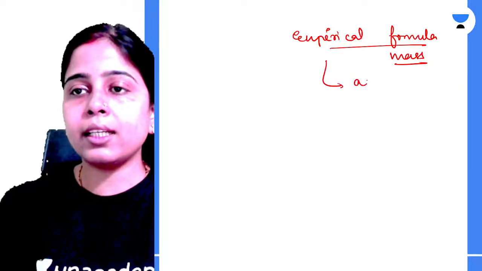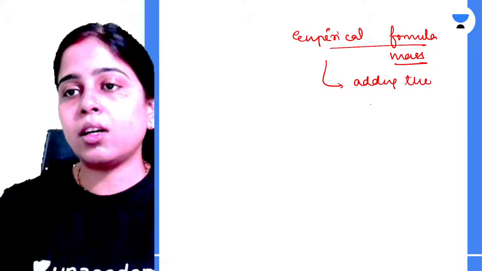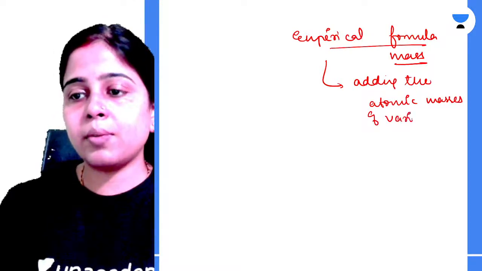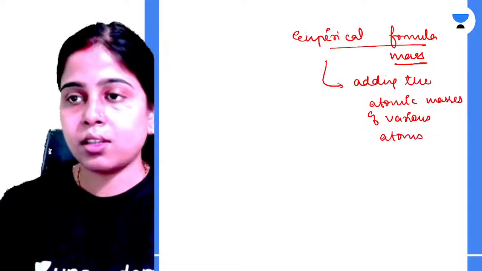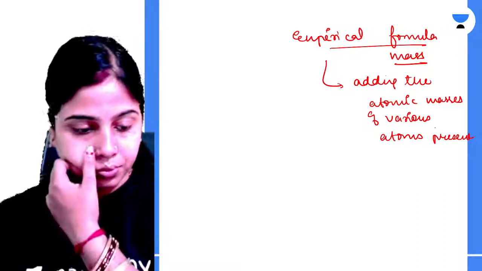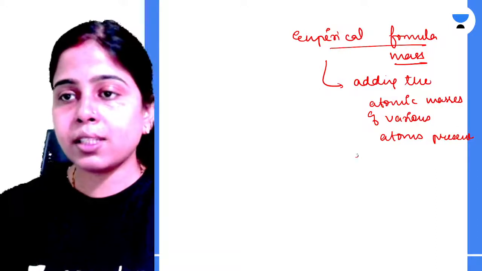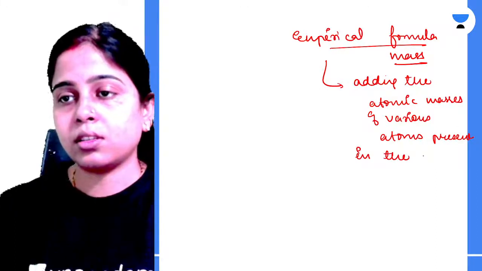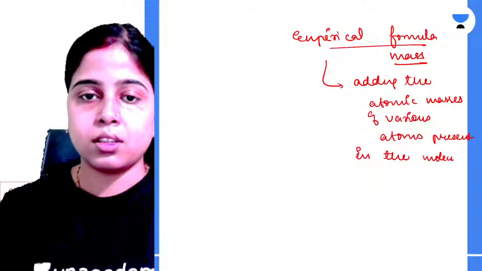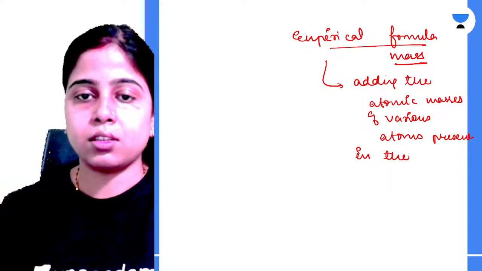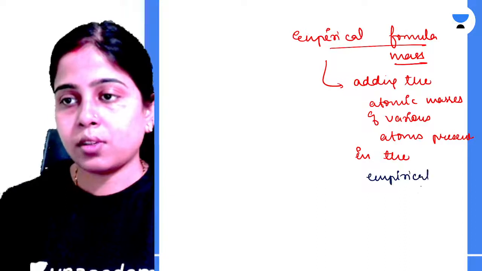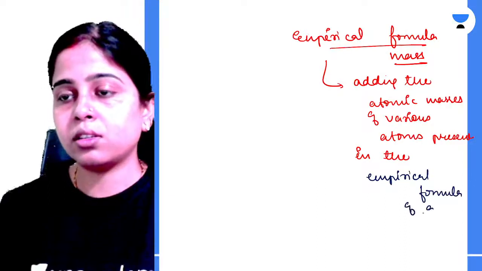Basically you can do it by adding the atomic masses of various atoms present in the empirical formula of a compound.